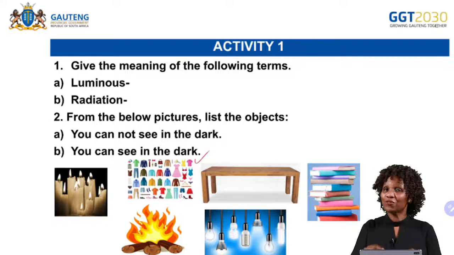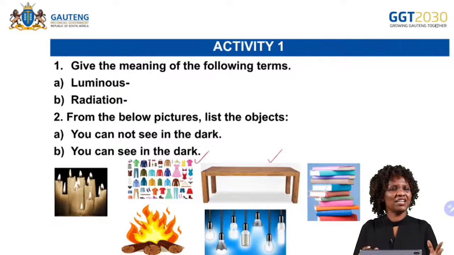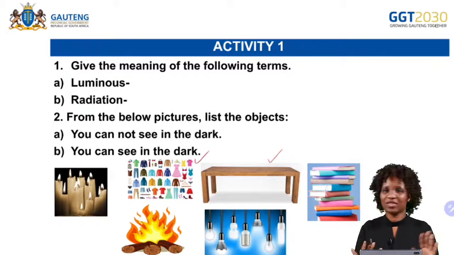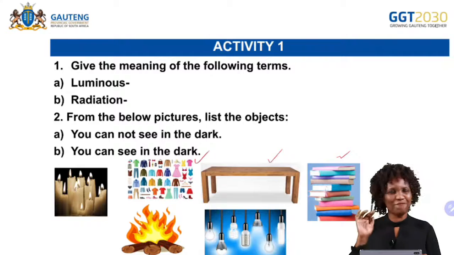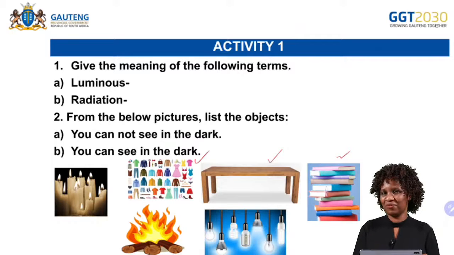And then we've got a coffee table, a wooden one. You cannot see it in the dark. Just imagine a dark room without lights. And then if you enter there, you cannot see the table. You just bump on it. Okay. And then we've got books. The books you cannot see in the dark. Just imagine a very dark room at night without lights. Can you see books? You cannot see books.